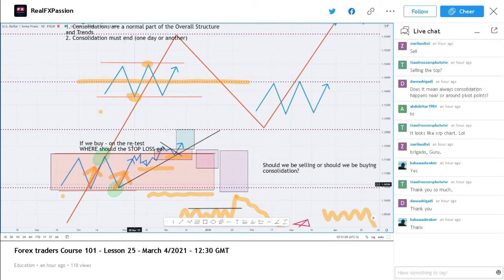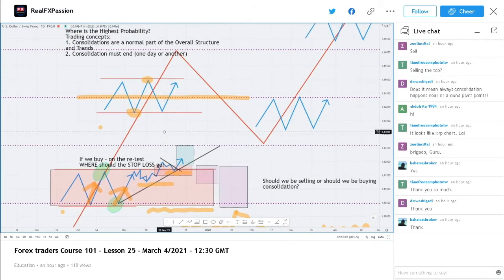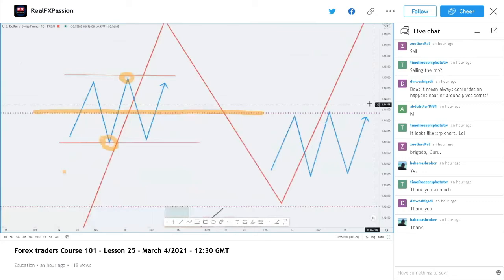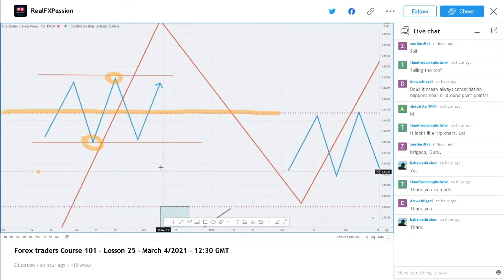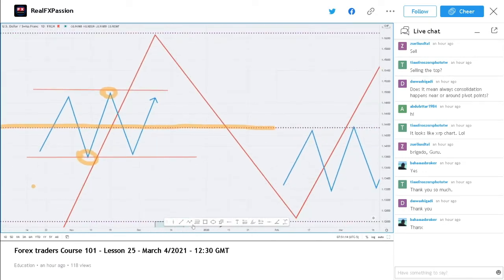This was a buy, yes, this was. Remember from the previous lessons, everybody, I was telling you that in consolidation the market does this, then the market can do something like this.